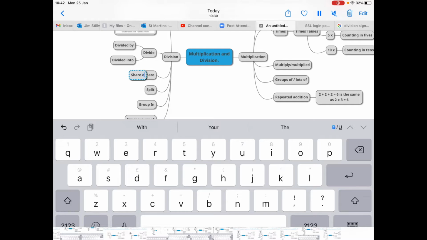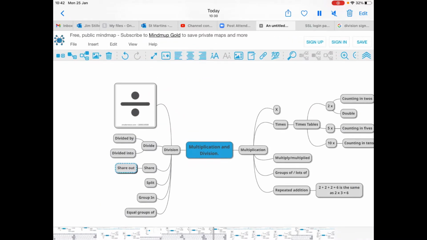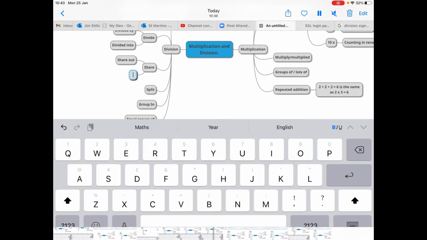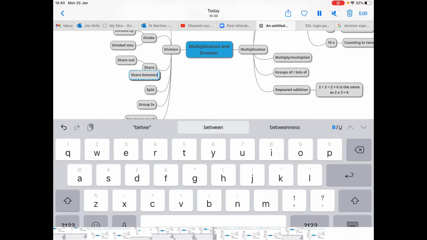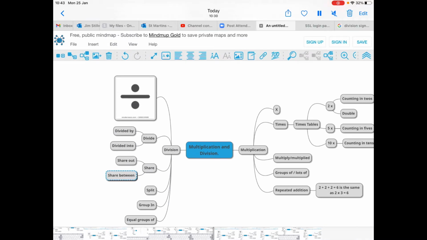So we've got that word group again, we've got divided in there, all working towards the same outcome. With sharing, it might be that you want to share out how many objects you have. So share out 10 cookies between 5 people. Or you might have share between. Share these between 3 people.